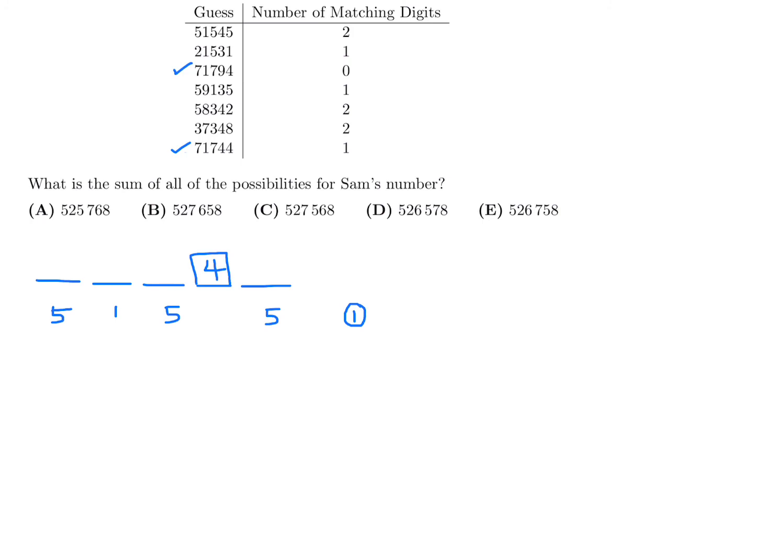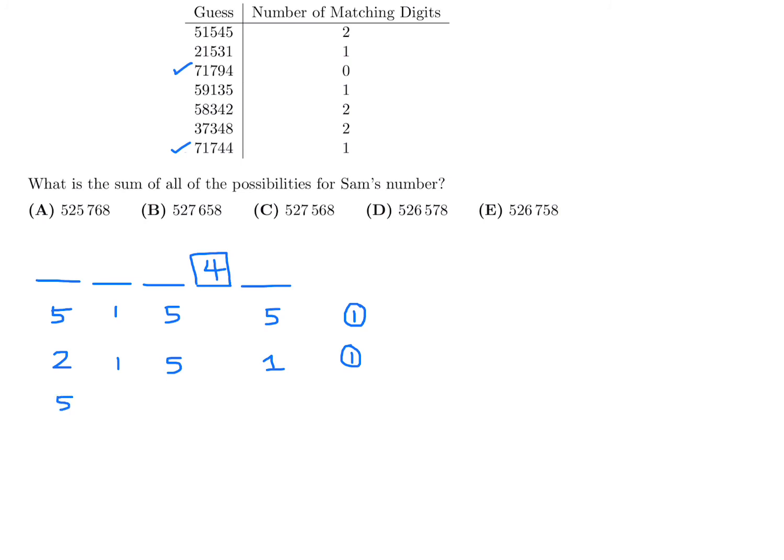Okay, the next number is 21531. So 2, 1, 5, 3. I'm going to skip the fourth because it is 4 for sure, and just put the 1, because one of those matches. The next one we don't need to do because that has already been established; none of those are right.